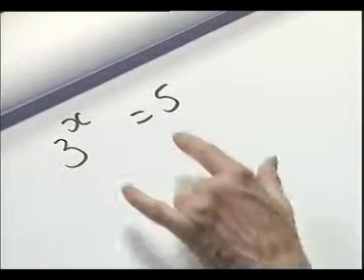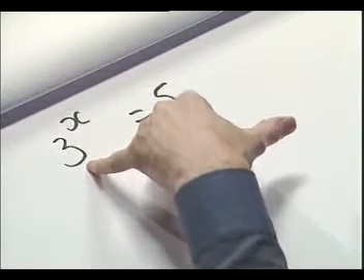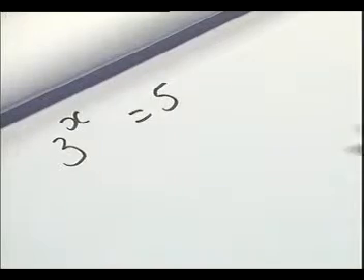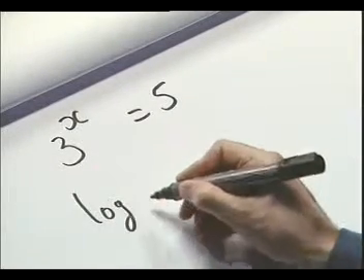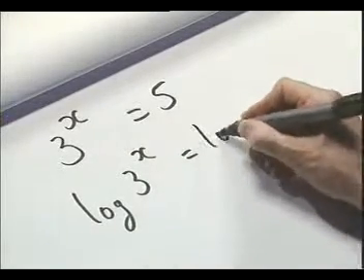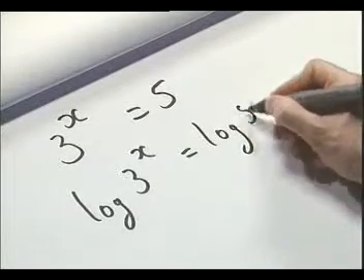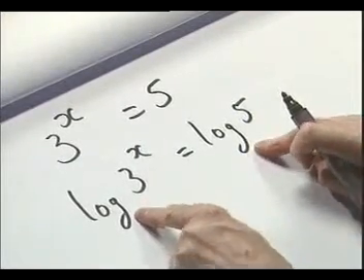So I'm going to take the log of both sides to base 10. So I'm going to have the log of 3 to the power x is equal to the log of 5. Now notice I haven't written the 10 in on the base.